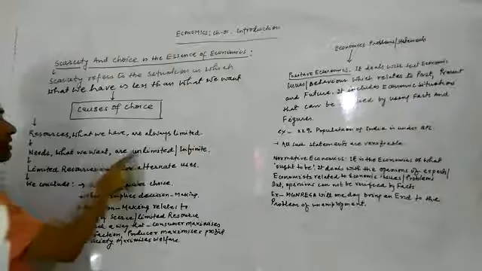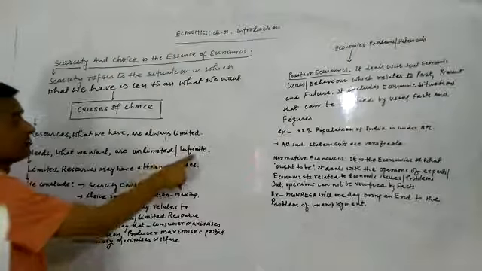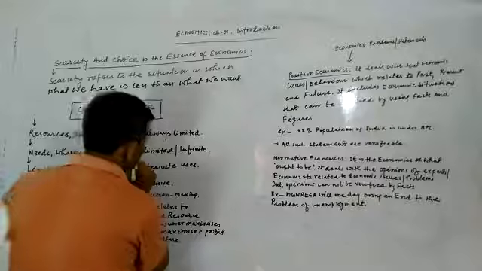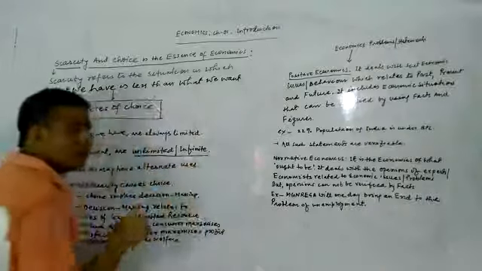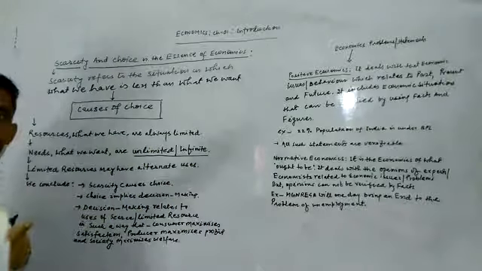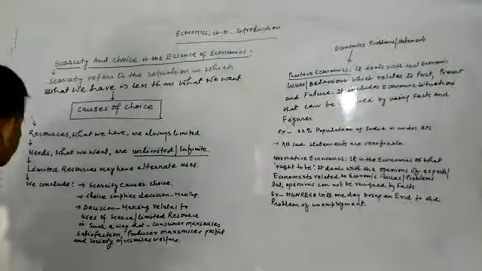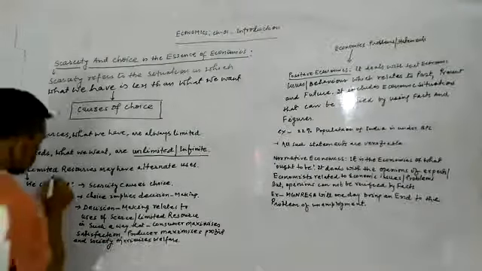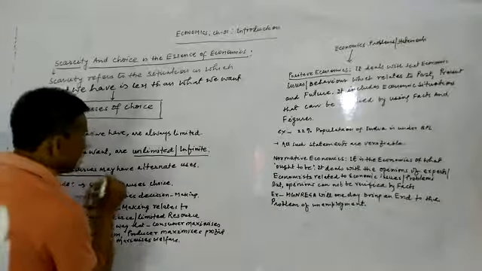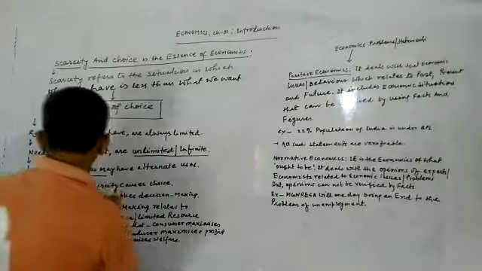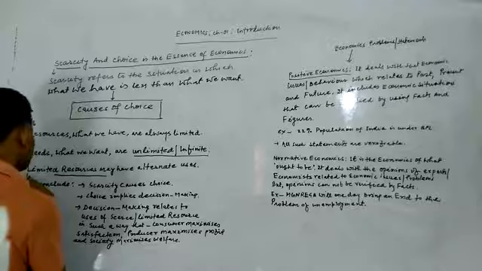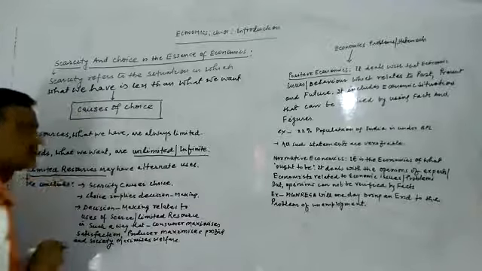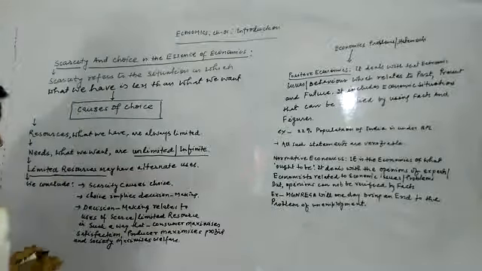Needs are unlimited or infinite. You go on fulfilling your one need, other needs are just in front of you. Resources with which we fulfill our needs are always limited or finite, as I told you earlier.